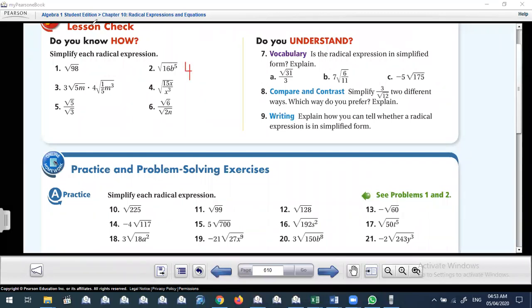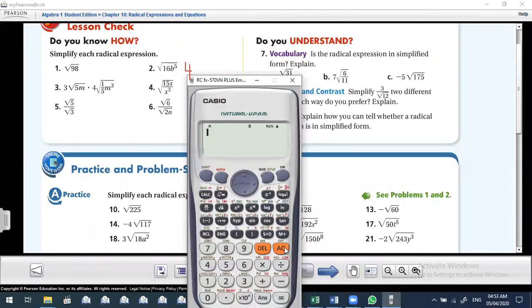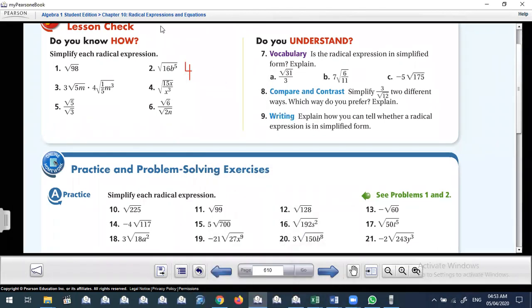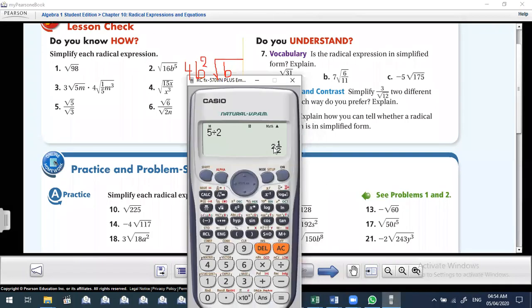Make 5 divided by 2. It has a remainder, shift S-D, so 2 and a half. So we write b outside the square root to the power of 2, and don't forget another one inside. It will be to the power of 1 because we have a remainder here.